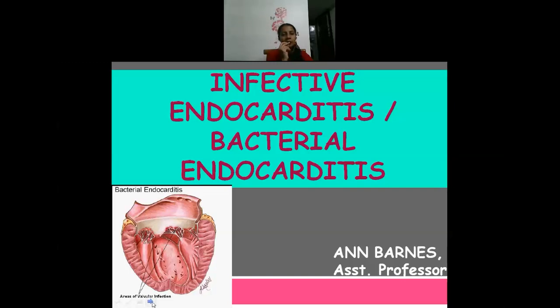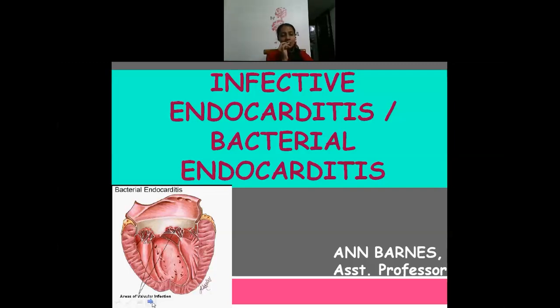It is because most of the time there can be infection in the endocardium because of microorganisms. Most of the time microorganisms like bacteria are responsible for endocarditis. That is why the name has come as infective endocarditis. And one more name is bacterial endocarditis, because most of the time it is caused by bacteria.